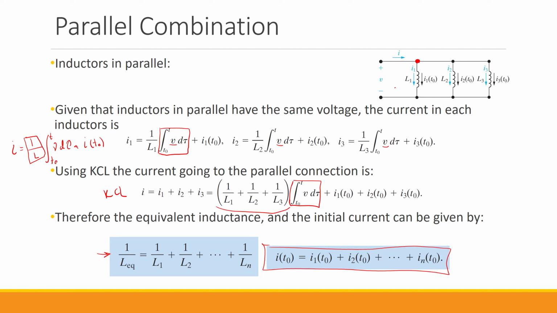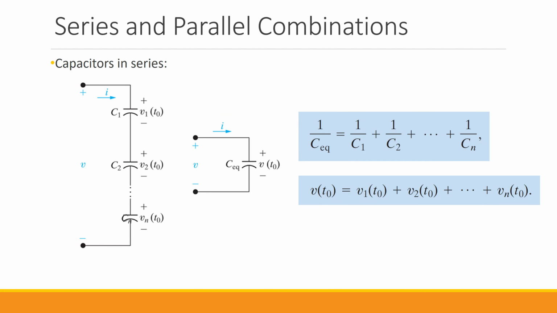So far we have seen the result of having inductors in series and also in parallel. What about capacitors? For capacitors, we basically need to do the same analogy. Let's go over capacitors connected in series first. When they are all in series, the current that goes through them is the same.